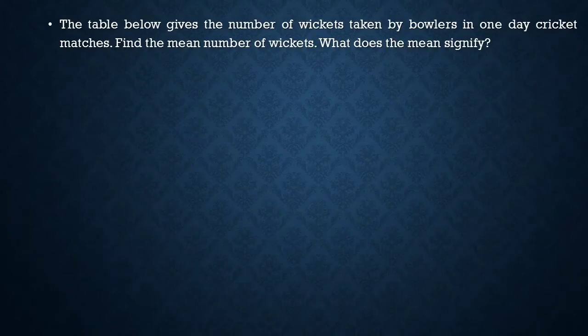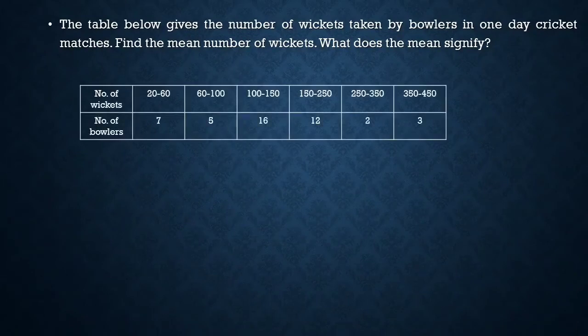So moving on, we have another solved example. The table below gives the number of wickets taken by bowlers in one-day cricket matches. Find the mean number of wickets and also tell us what this mean signifies. So first the table, as we can see in the table, number of wickets and number of bowlers. So 20 to 60, 7 bowlers have taken 20 to 60 wickets in one-day cricket matches.